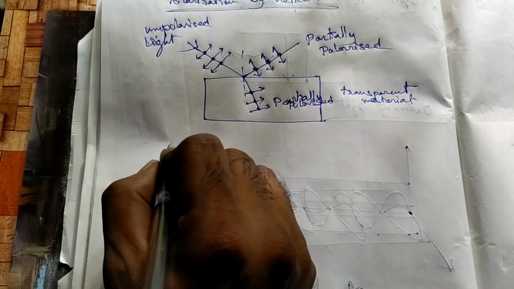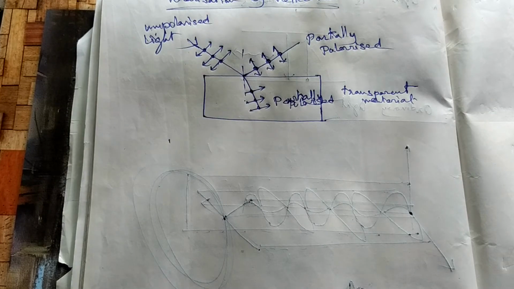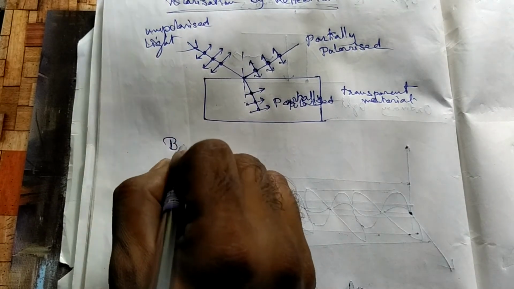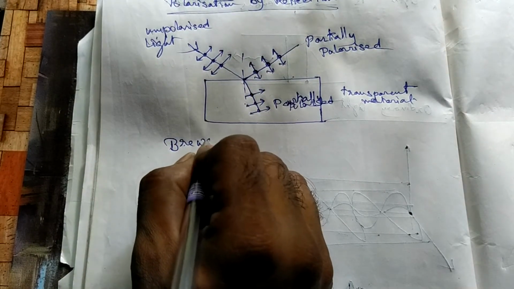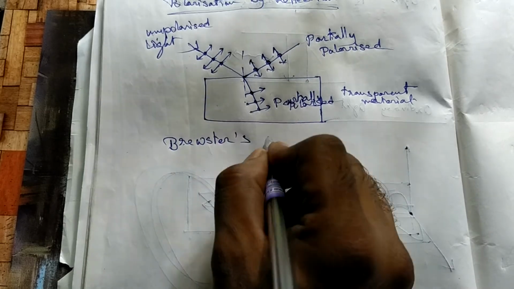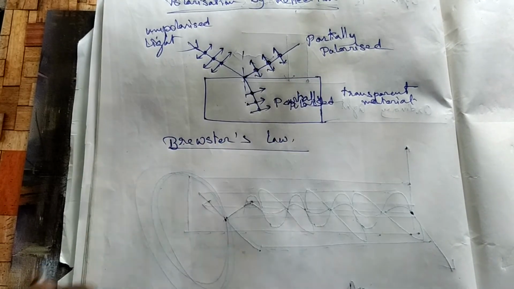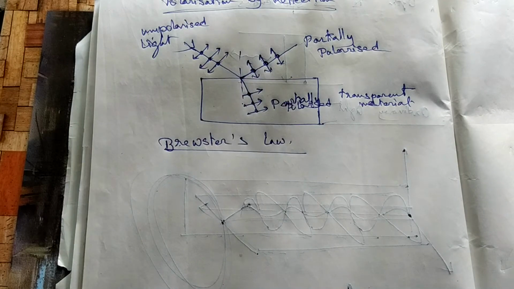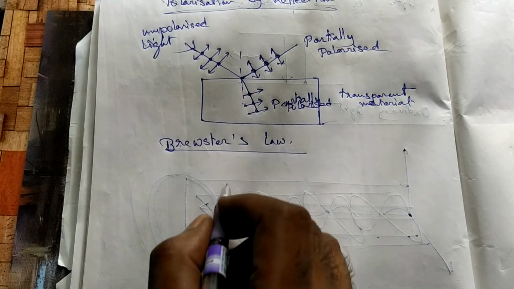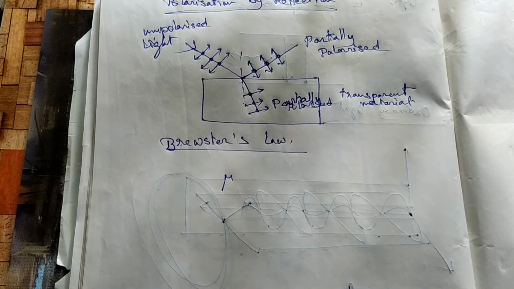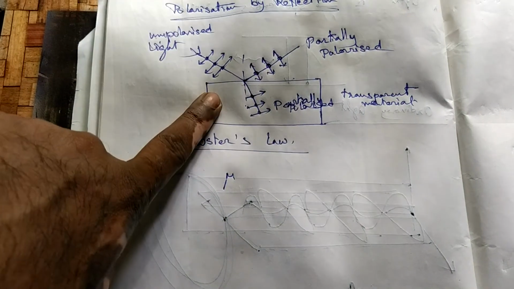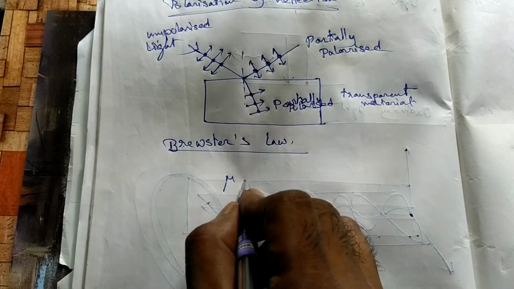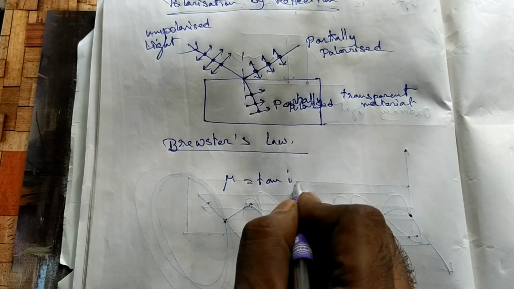Now we have to know about Brewster's law. What is Brewster's law? Brewster says that mu, the refractive index of this transparent material, is always equal to tan IP.